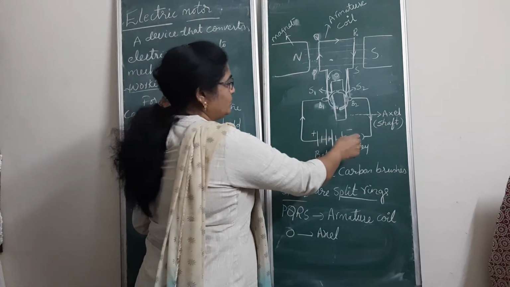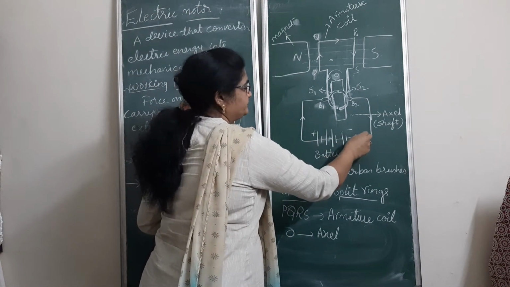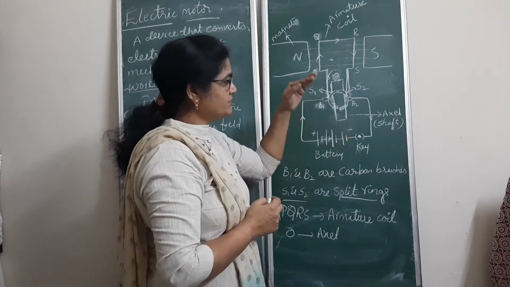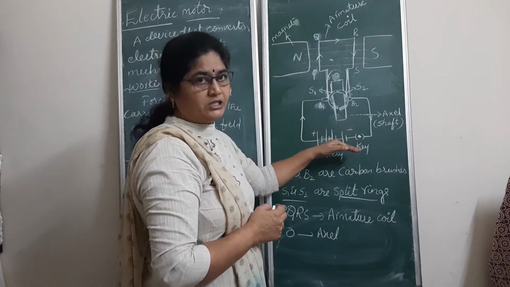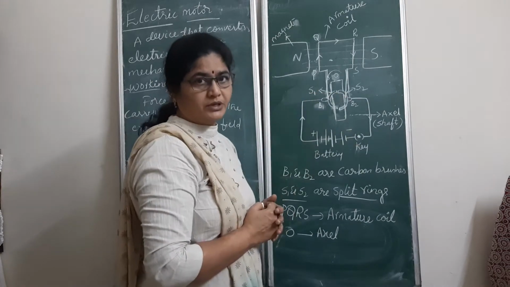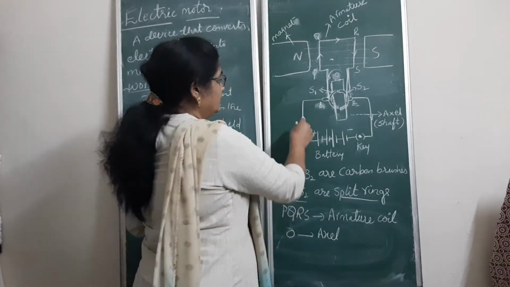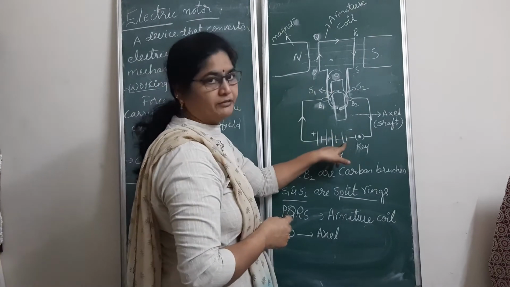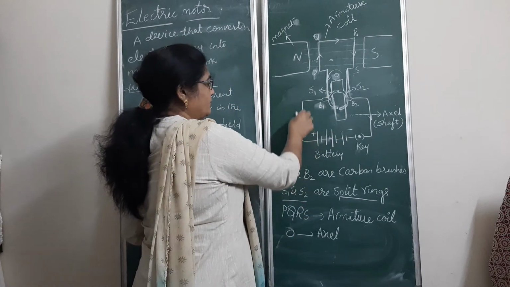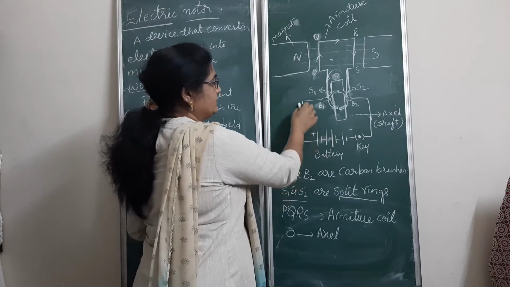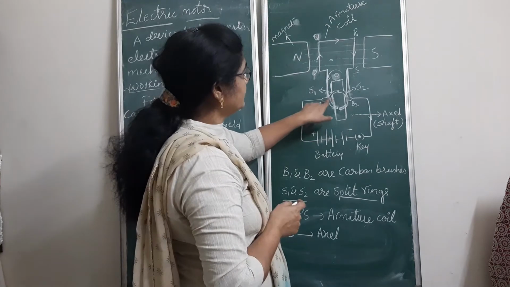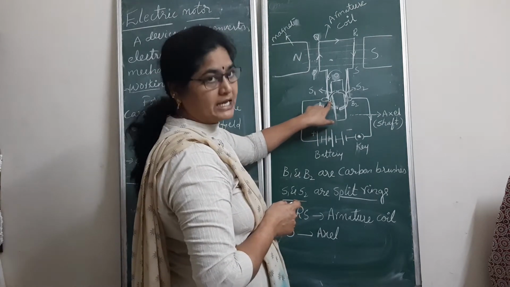Now, when you close the key in the external circuit, that is, when you start sending current through the electric motor, we know that current starts from the positive end of the battery and ends at the negative end. So first it will pass through the carbon brush B1, which is in contact with S1.